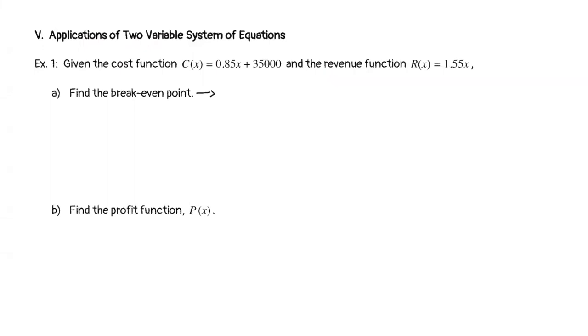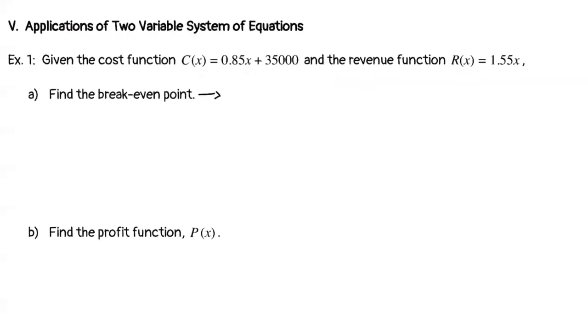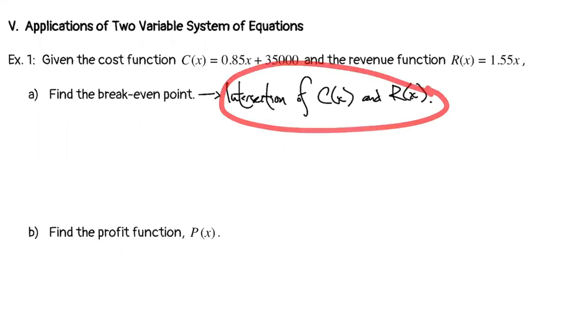And so the idea of this break-even point is exactly the intersection of C of X and R of X. Okay, so when your cost equals your revenue, at that point, after that, you'll start to make money, all right? Now, how do I write intersection of two functions as an equation? That's a really important concept.